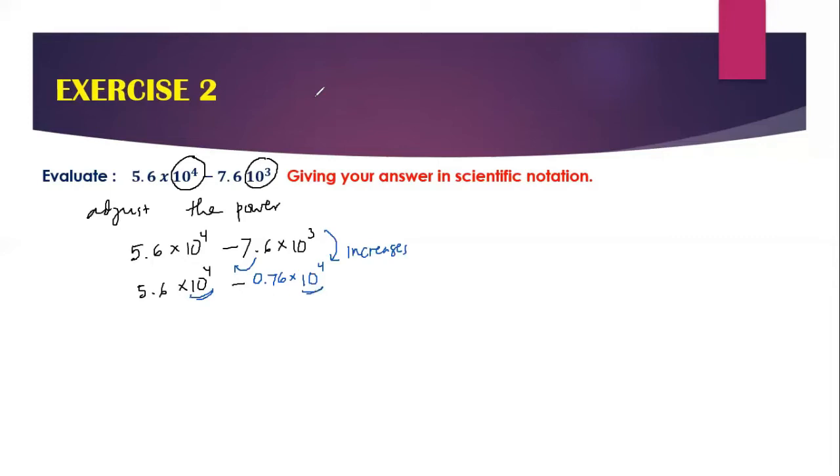Now our job is to subtract 5.6 and 0.76. Subtract, right?